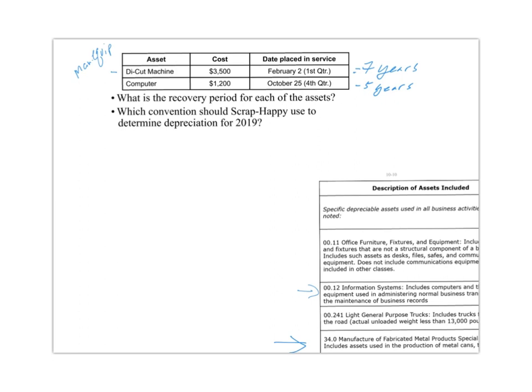Now, what convention should they use to determine depreciation? So when we talk about what convention, we're talking about half year or mid-quarter, okay? And so the test is if they've placed in service more than 40% of their assets by cost, then they have to use mid-quarter, all right? So what do we need to look at? So, okay, what was placed in service?